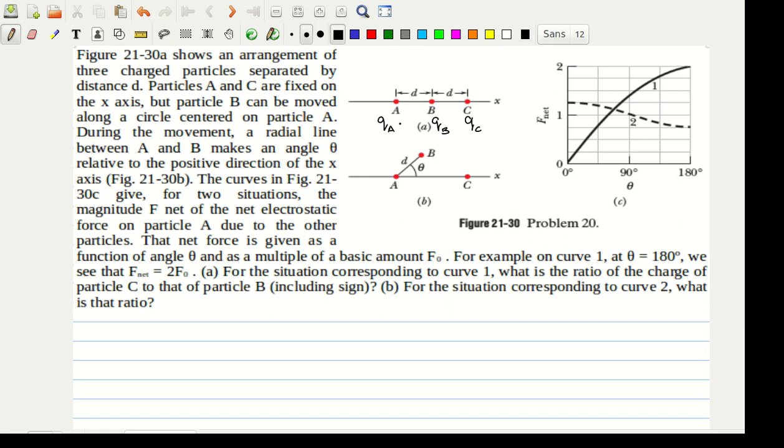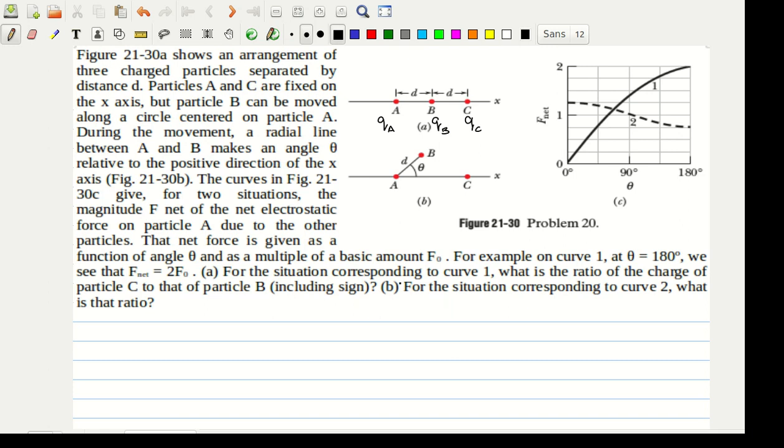So we have to find the ratio QC to QB. For the situation corresponding to curve 2, what is that ratio? So we have to find QC to QB for both situations.